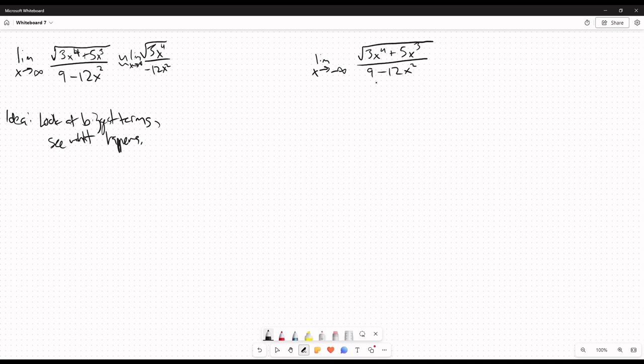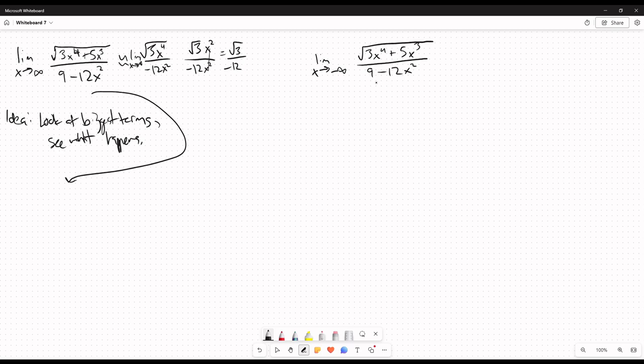If we simplify that, that would be the square root of 3x squared over negative 12x squared. The x squareds will cancel, so I should get an answer of square root of 3 over negative 12. But we should verify that that actually happens.